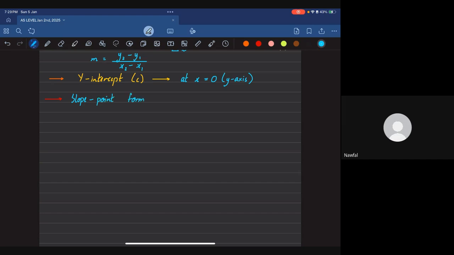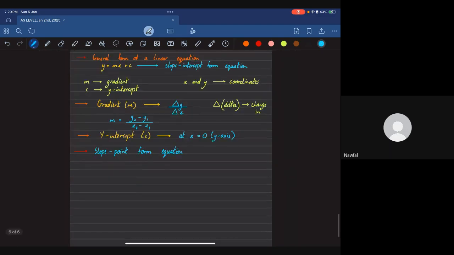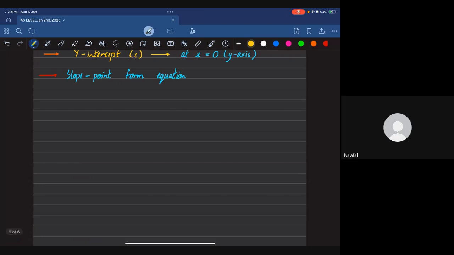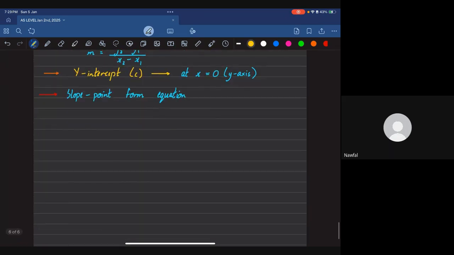Now, for example, if you're given a point and if you're given the slope, which is the gradient, and you want to find the equation of the graph, you can easily use this form to find that. And this form states that y minus y1 is equal to m into x minus x1.